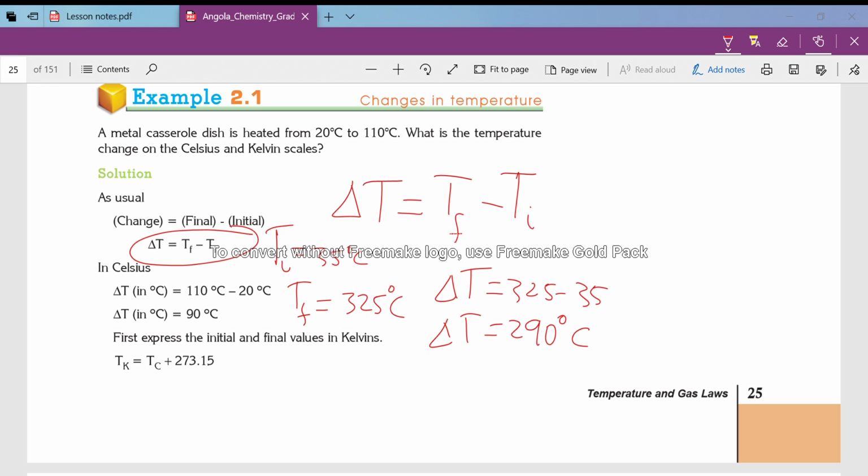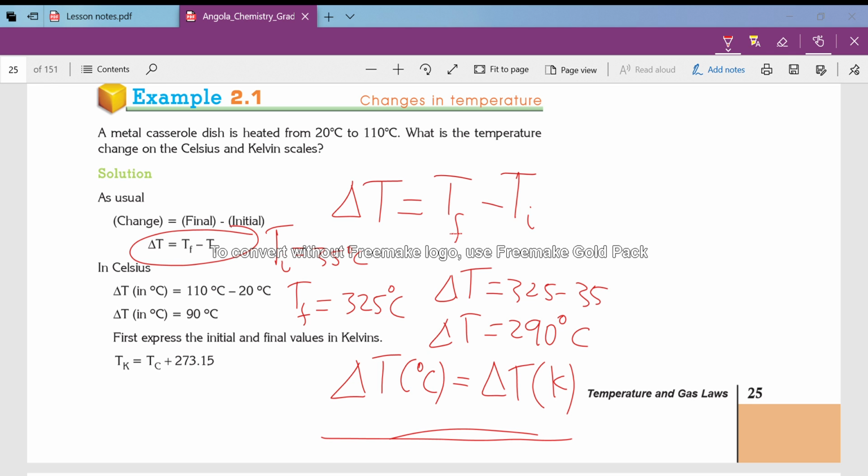Now, another important thing is that the change in temperature in degrees Celsius is equal to the change in temperature in Kelvin. This is very important.